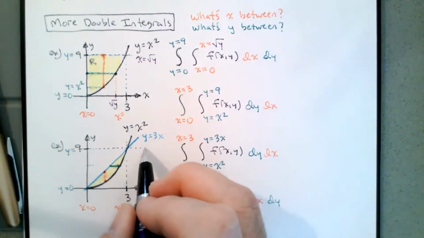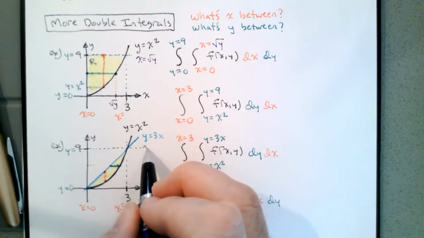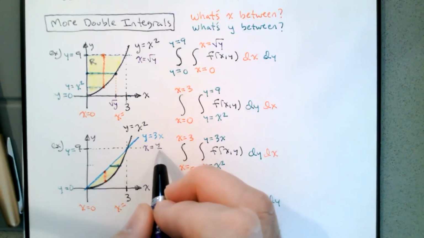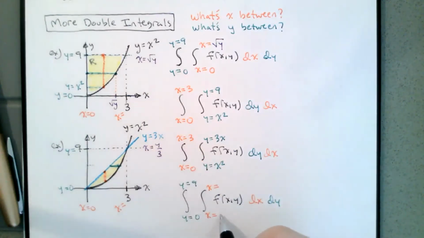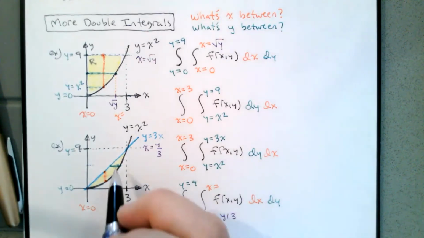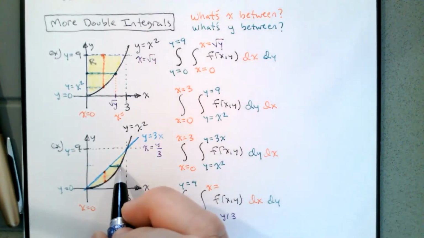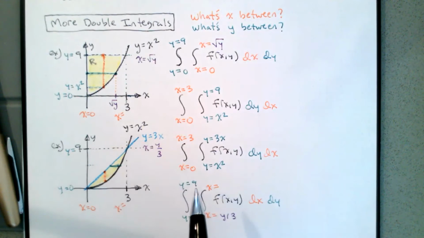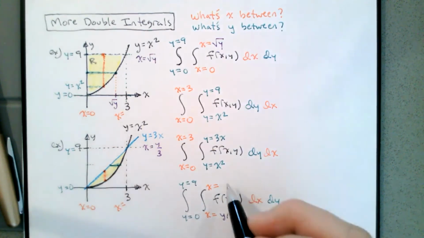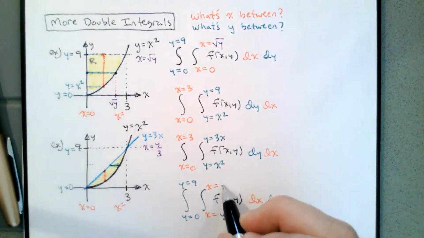So if y is equal to 3x, then x is equal to y over 3. So we'll start at y over 3, and we'll end at the parabola, y equals x squared. So I'll have to rewrite that to be the square root of y.